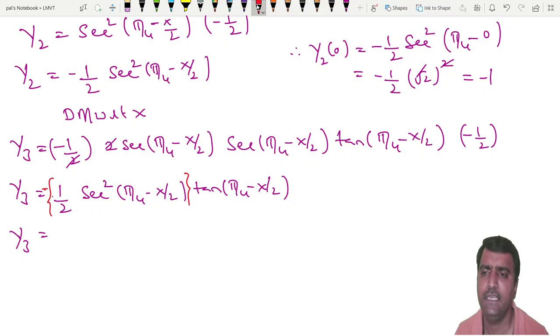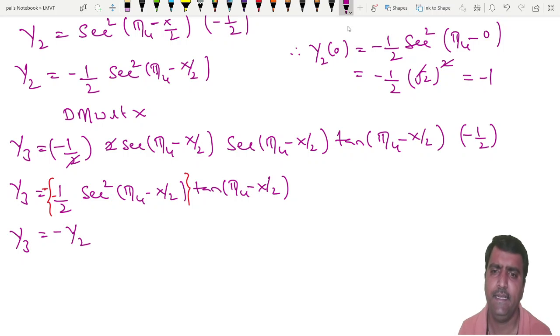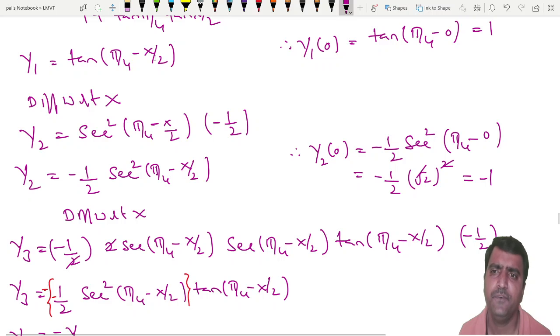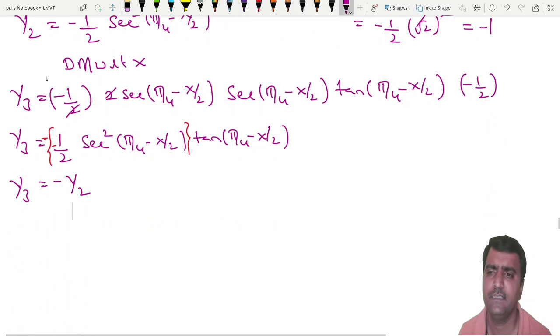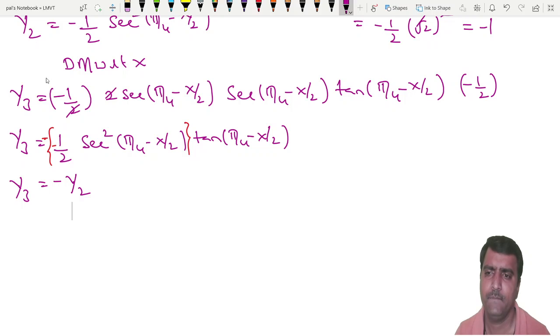So minus 1 by 2 into secant square pi by 4 minus x by 2 can be written as y2. Outside there is a minus, so then it becomes minus y2. And tan pi by 4 minus x by 2 can be written as y1. So that is y2 y1. So this is y3.